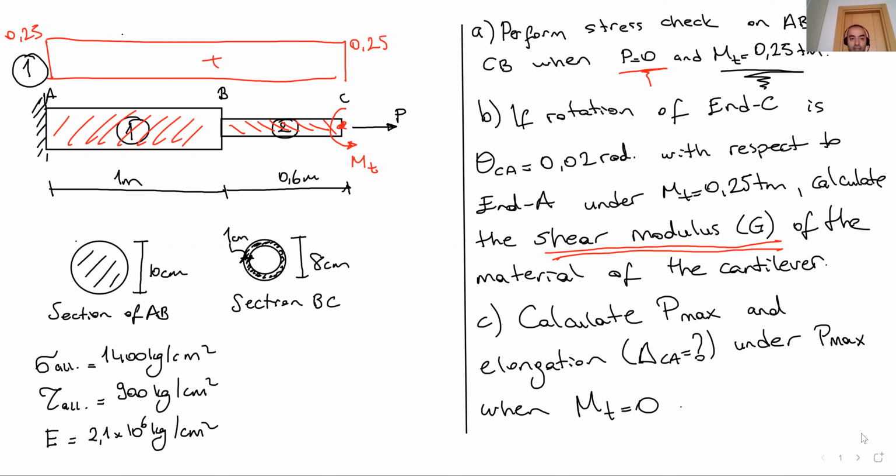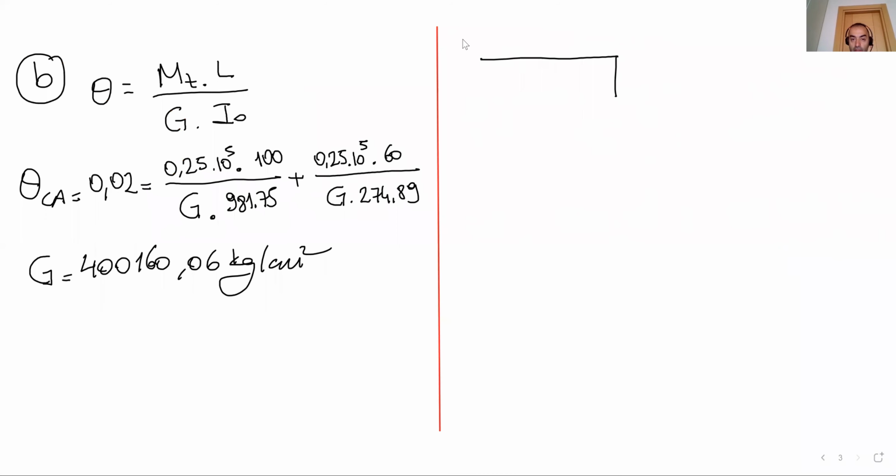The minimum area gives us the total capacity of the section. Here for C, let me clear this part. P max is A min times sigma allowable.